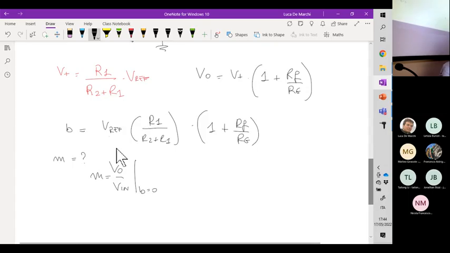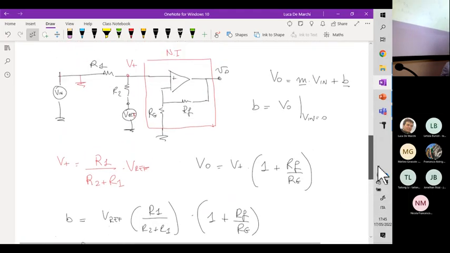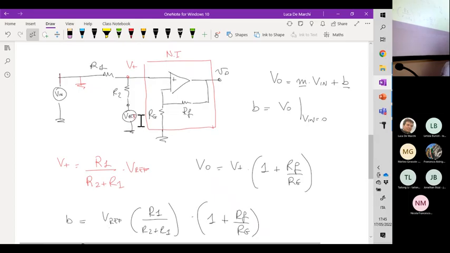Well, we can set V ref to 0. So B is equal to 0 when V ref is equal to 0. So now we can compute V out over V in. When V ref is equal to 0, we have the ground here. We can cancel this guy.